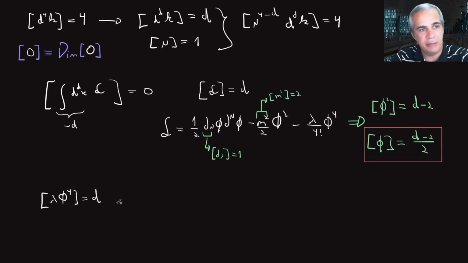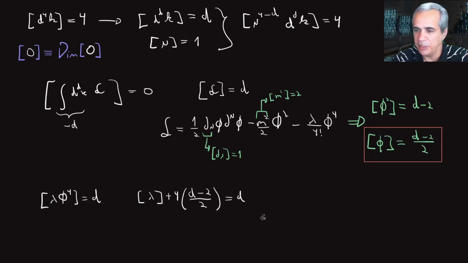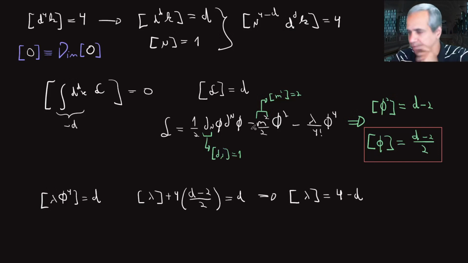And that means that the dimension of lambda plus 4 times the dimension of phi, which is d minus 2 over 2, needs to be equal d. And then you can solve this and see that the dimension of lambda will be 4 minus d, if you think in terms of the Lagrangian. So not doing anything to compensate for the change in dimensions will end up with a dimensionful coupling constant.